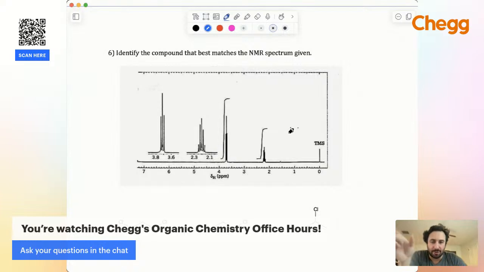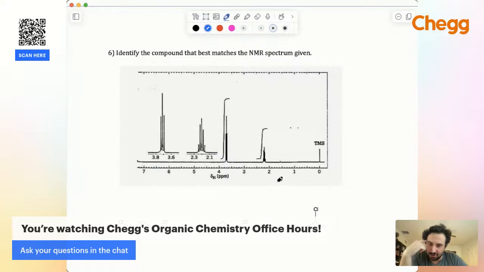You could be given a molecular formula and a spectrum and asked to draw the structure, or you could not even be given a molecular formula. That would be a little hard. You'd probably have to be given IR data or something else to get an idea of what the functional groups might be. But here we have some options, and we're going to go between them.